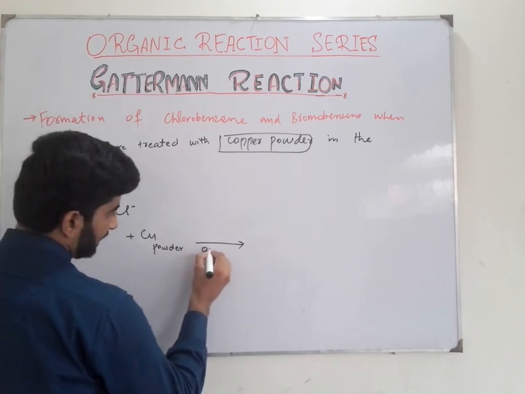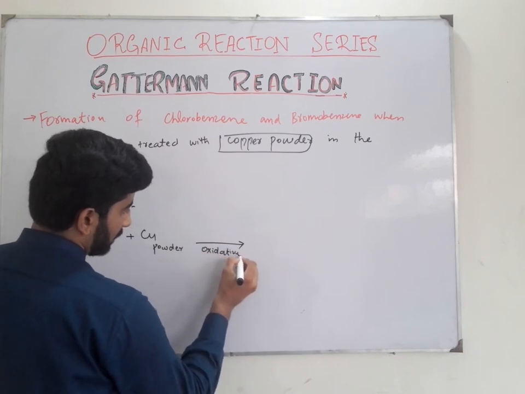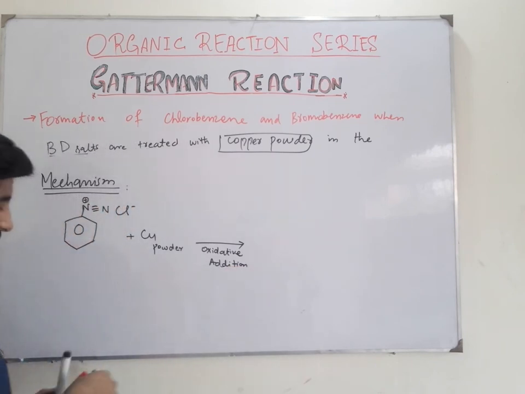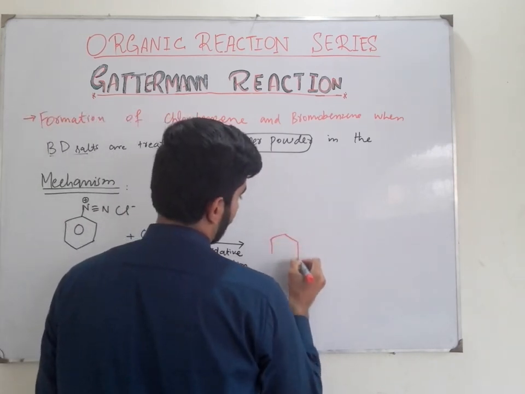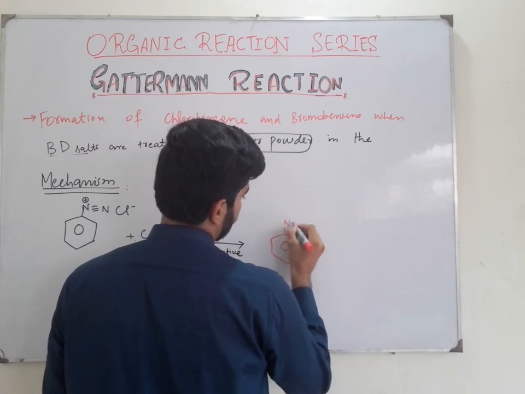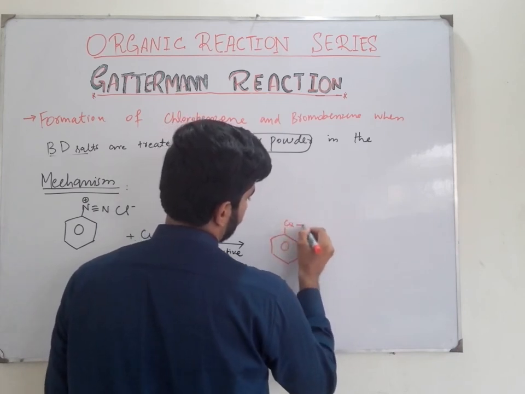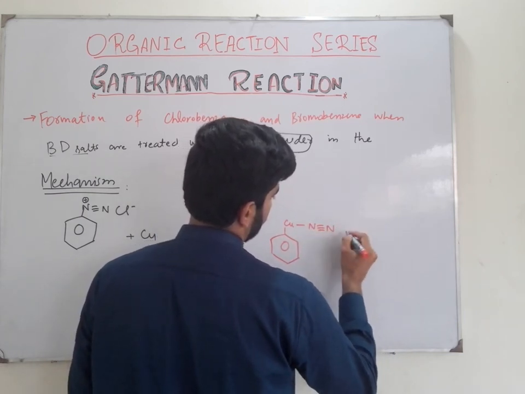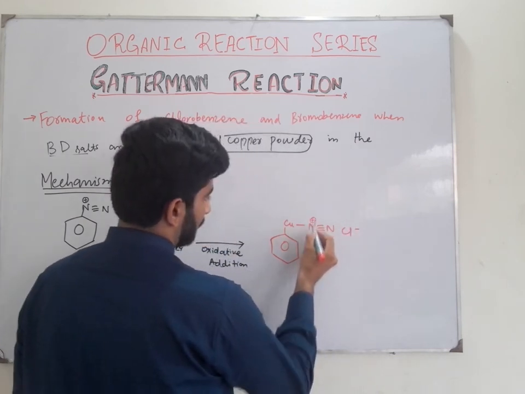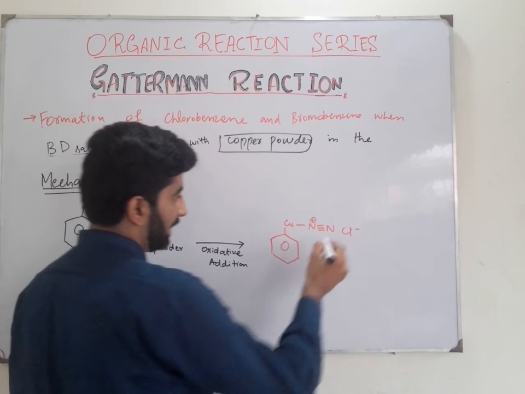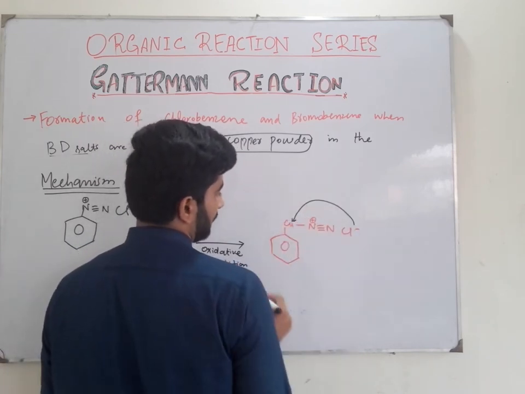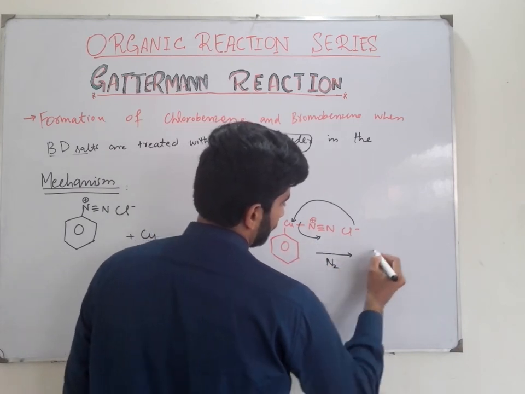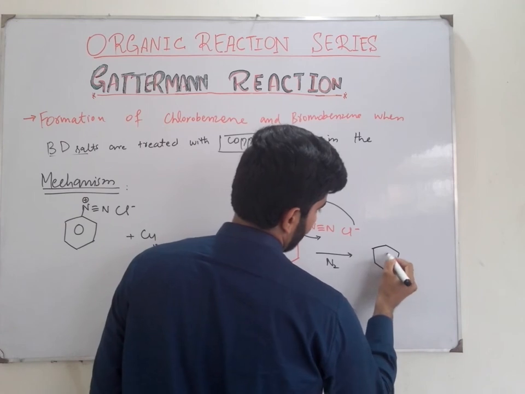Then oxidative addition takes place. In the next step, the chloride ion attacks on this side, nitrogen gas evolves, and this intermediate is formed.